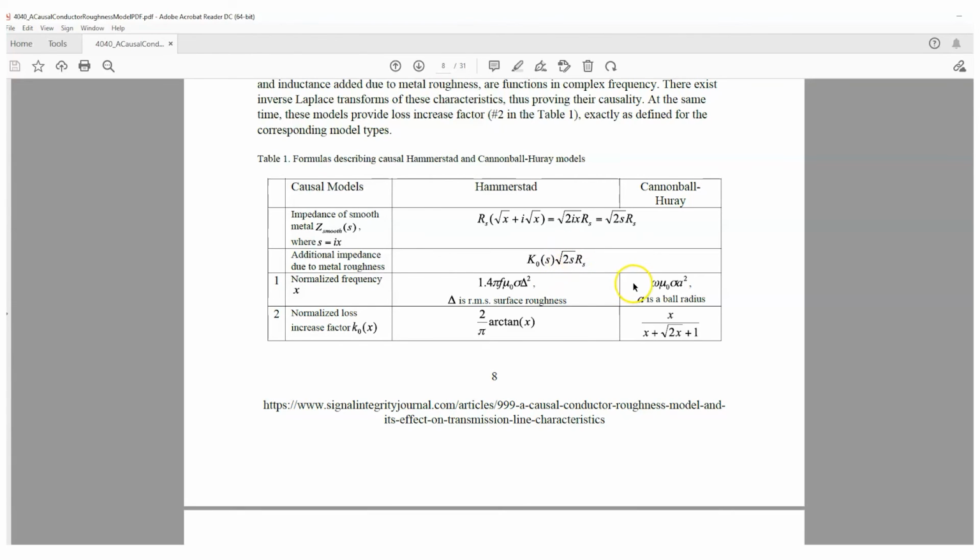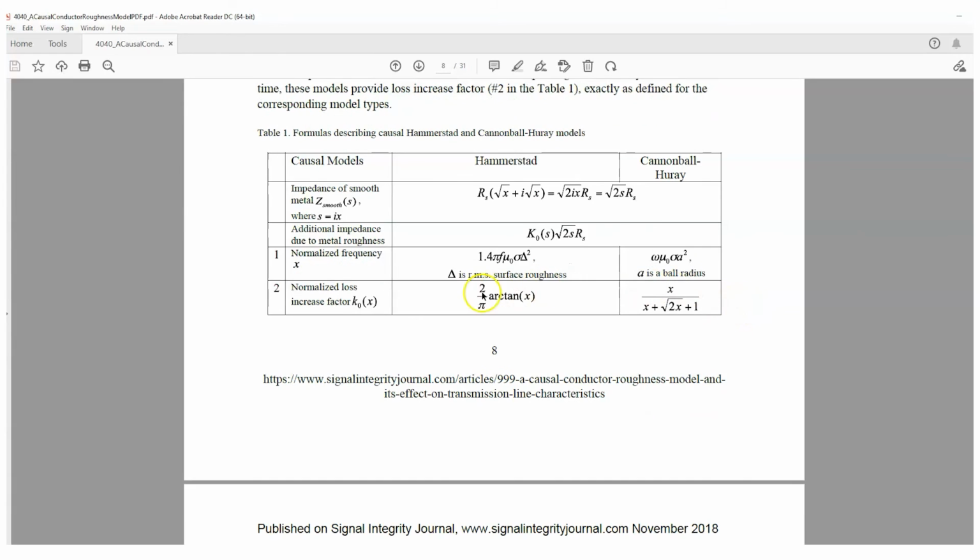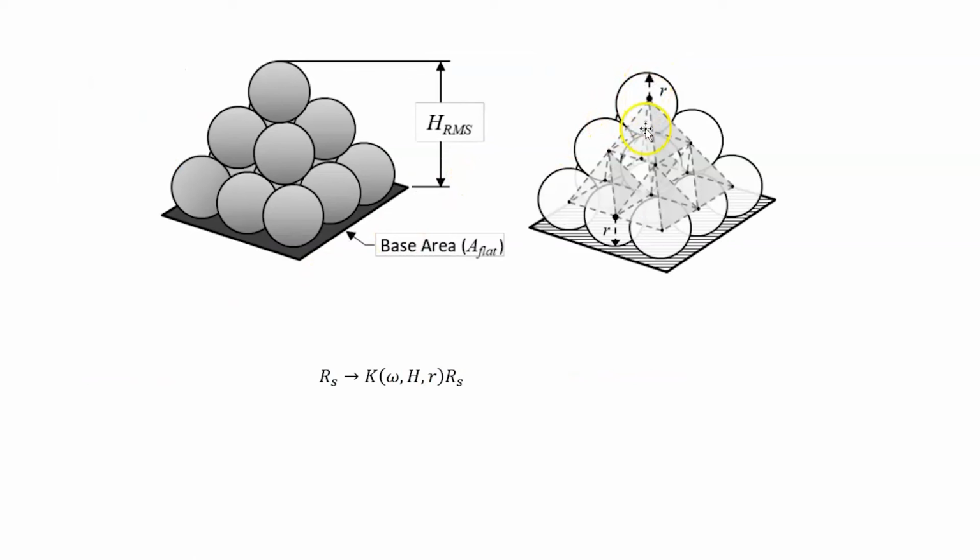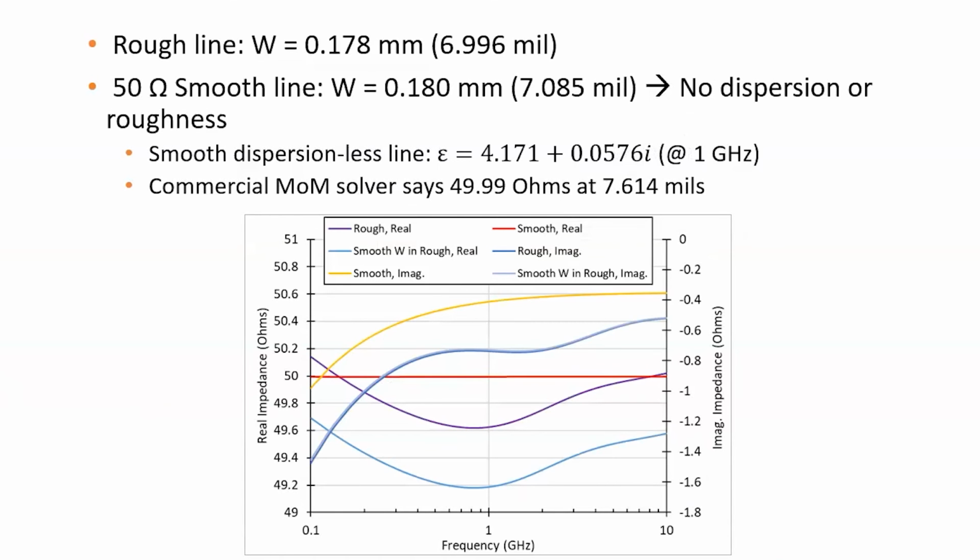Okay, so be careful with that and just pay attention to these definitions here, especially here where we have this definition where S is I multiplied by this normalized angular frequency. Okay, so here you see the normalized angular frequency is the standard angular frequency omega, but then it also includes the conductivity, and then it includes the ball radius, so essentially this R value. And so you can use all of that to build this type of model that will generate some results like these.